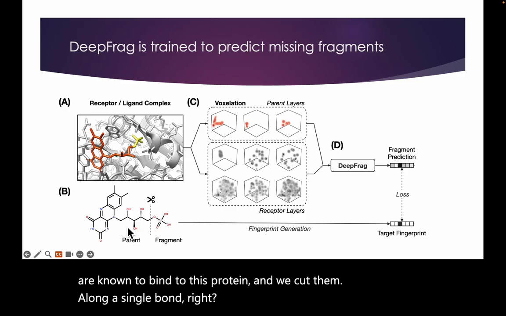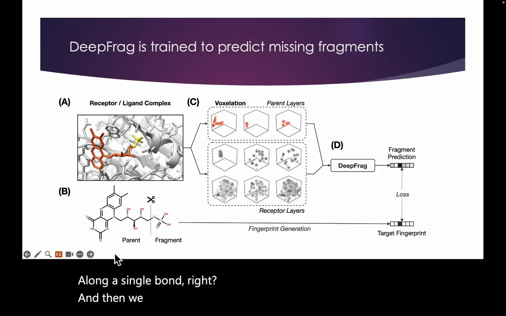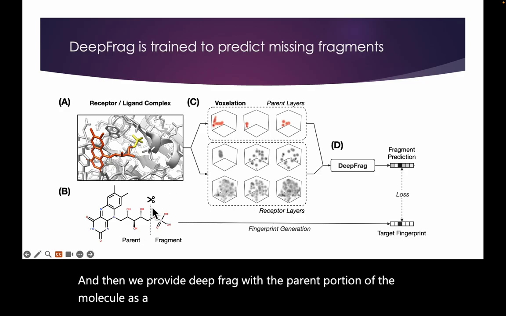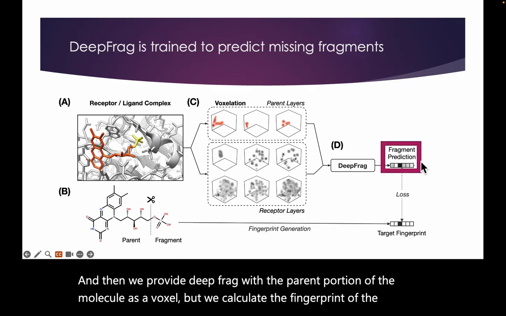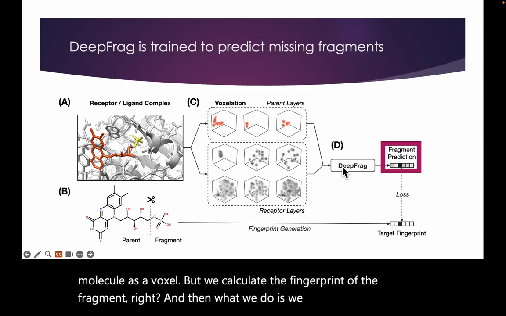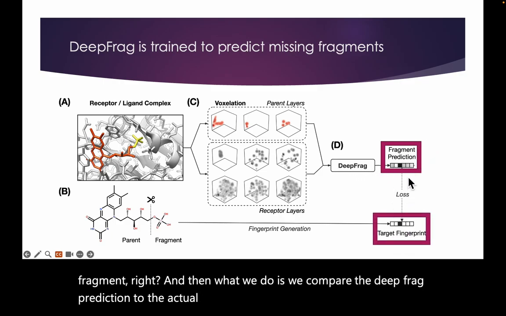And then we provide DeepFrag with the parent portion of the molecule as a voxel, but we calculate the fingerprint of the fragment, right? And then we compare the DeepFrag prediction to the actual correct fingerprint, and we can calculate the difference between them.